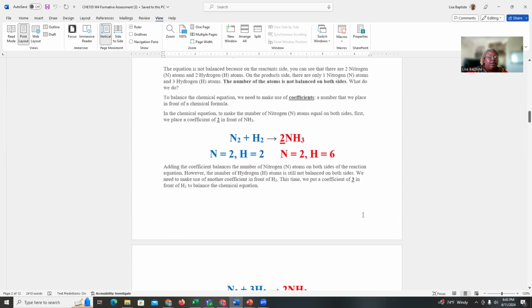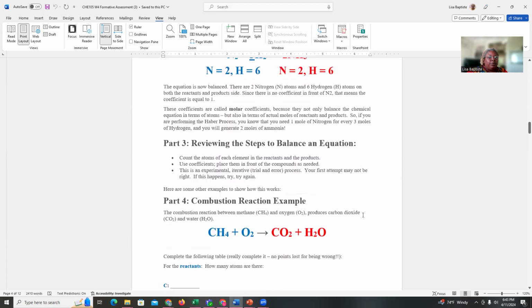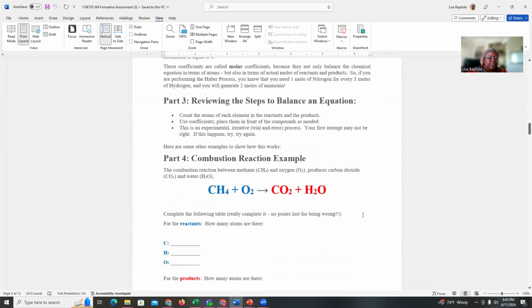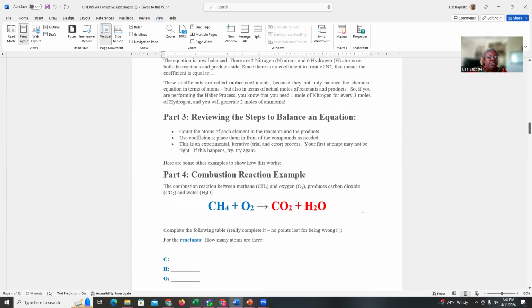Okay. When we're talking about balancing, we are adding what are called coefficients to the beginning of the different substances within a chemical reaction. That is so that we're obeying the law of conservation of matter.